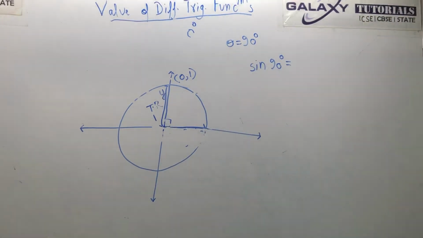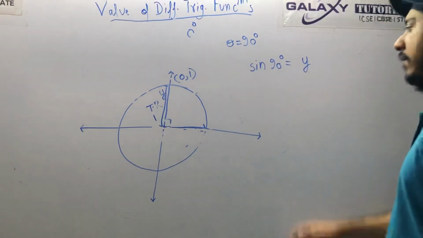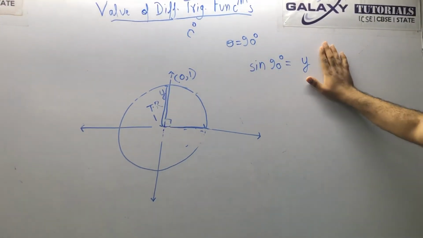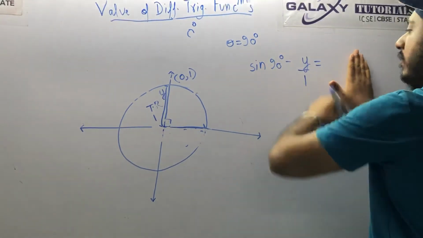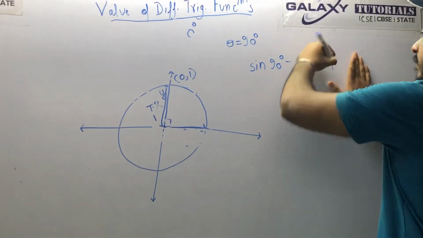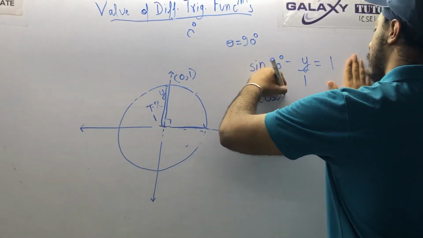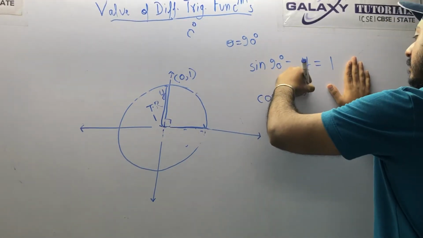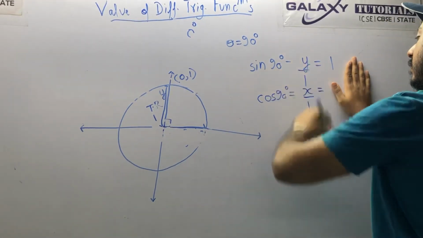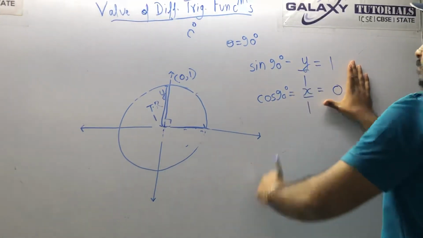So what will be the values respectively? Sin 90 will be y upon 1. This will be equal to 1. Cos 90 will be equal to x upon 1. That is equal to 0.